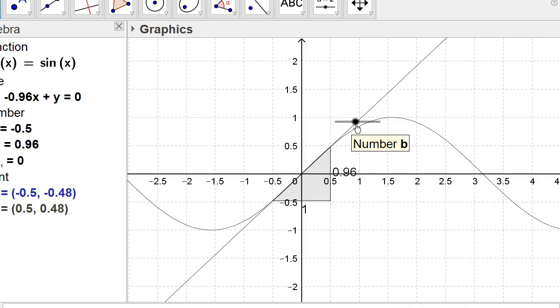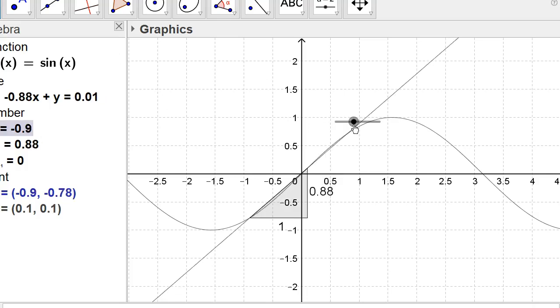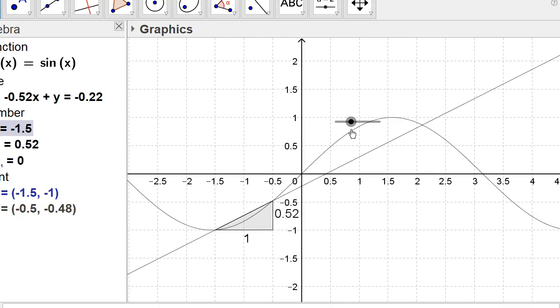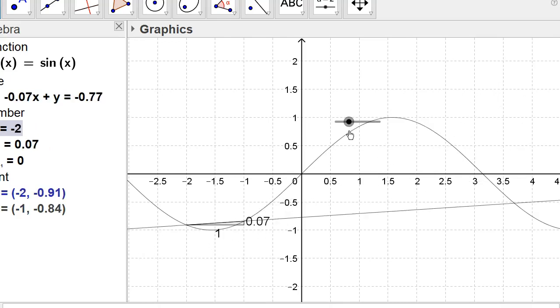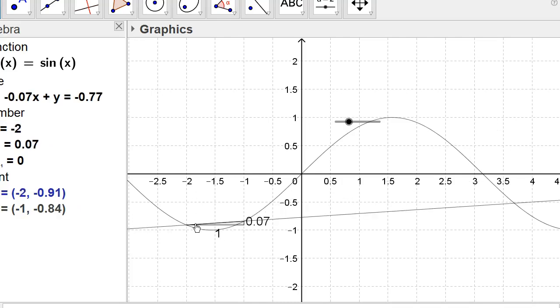I put this on the Canvas site, and now I just put in f of x is equal to sine of x, and you can move this thing around to get the secant lines between 2 points. For example here, if you get 2 points on either side of about negative 1.57, it looks like the slope is close to 0.